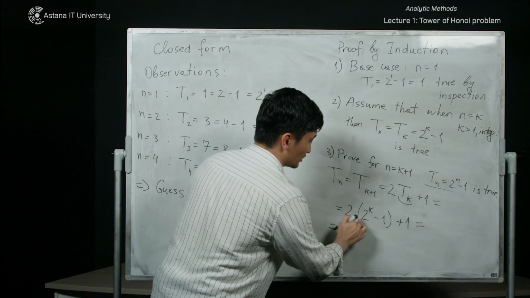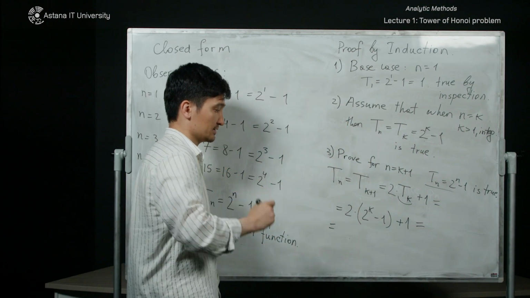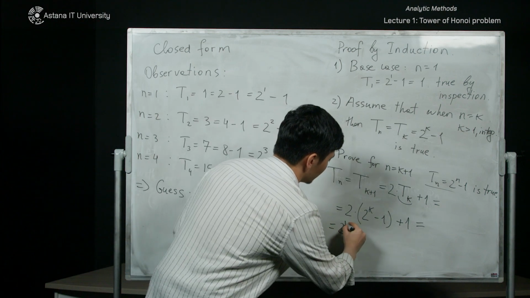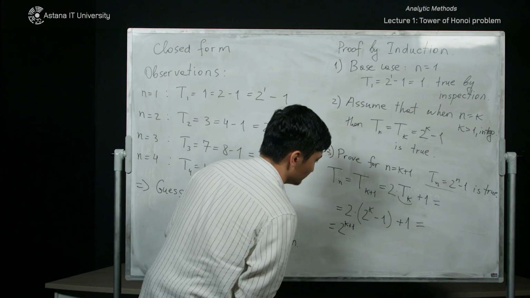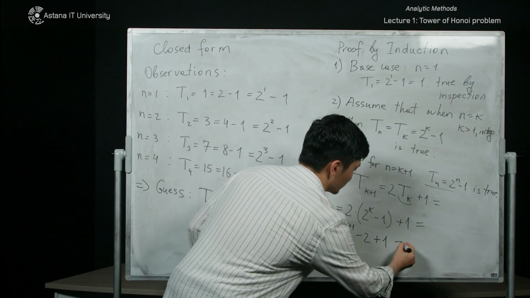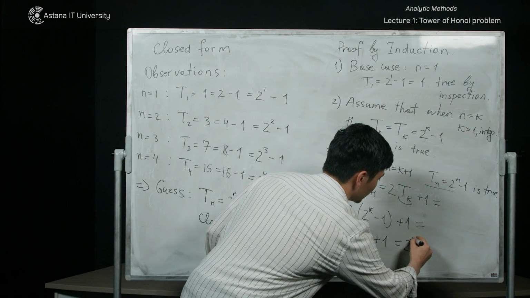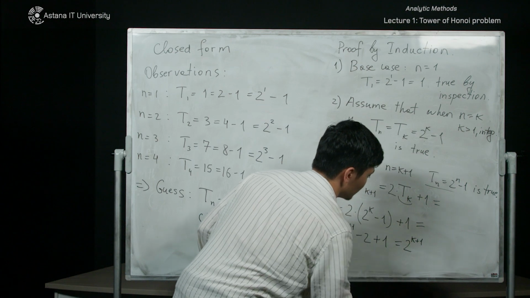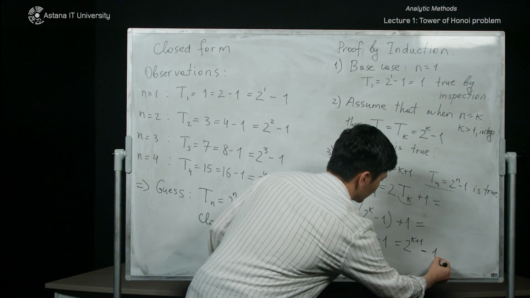So I will have 2 times 2 to the power of k, which is going to give me 2 to the power of k plus 1, minus 2 plus 1, which is basically 2 to the power of k plus 1 minus 1.